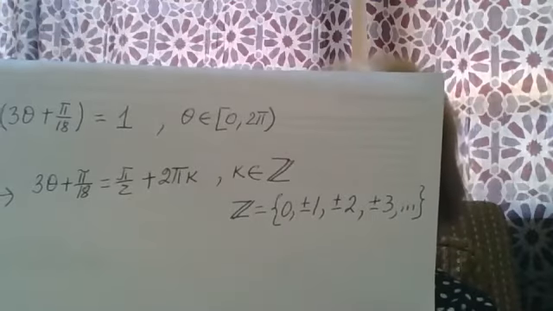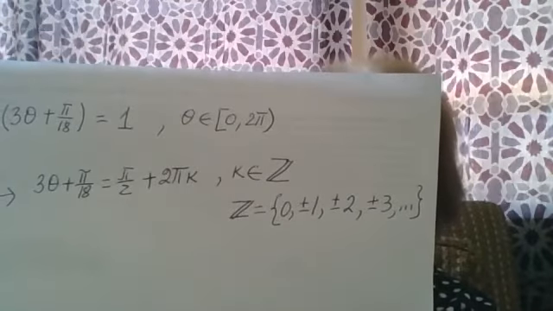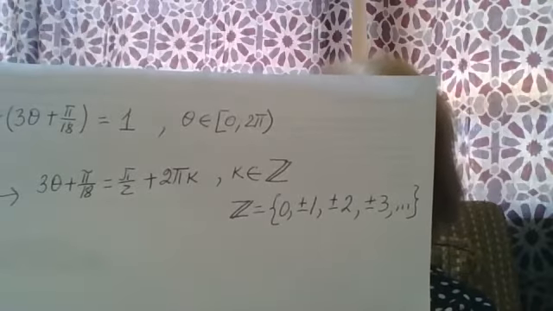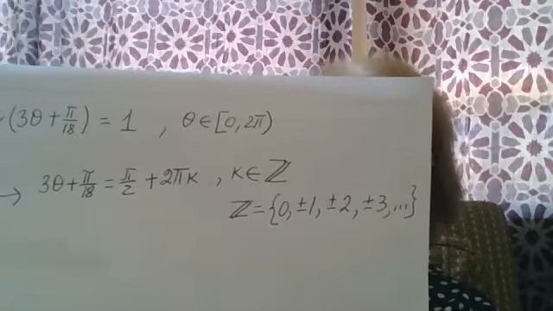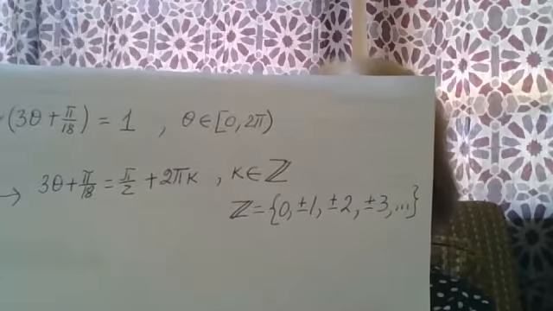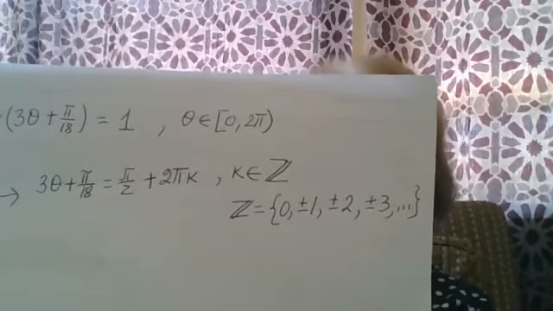And now, look what I'm going to do. I am going to solve this equation for theta. Theta here comes with 3 as a coefficient, with pi over 18 as an add-on. So, can we first move pi over 18 to the other side? Yeah. Let's do that.